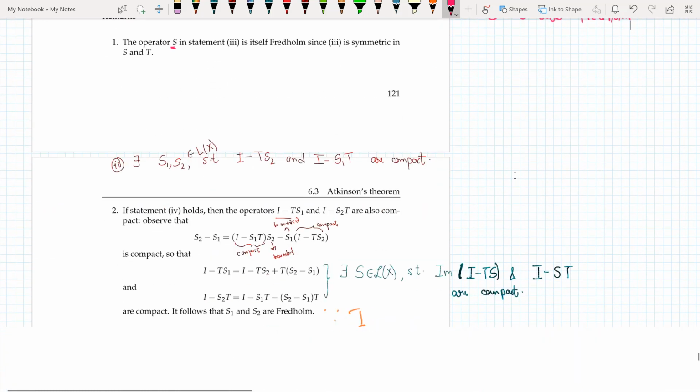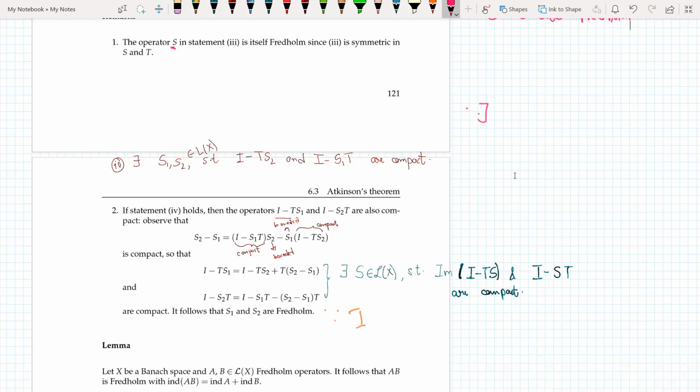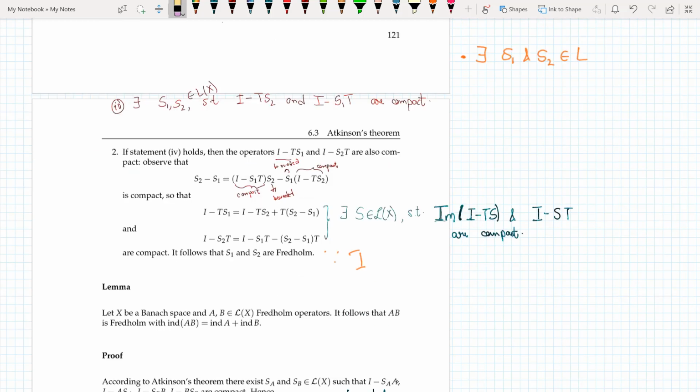Now if statement 4 holds, what was statement 4? Statement 4 was: there exist S1 and S2. The fourth says that there exist S1 and S2 belonging to L(X) such that I minus S1T and I minus TS2 are compact.